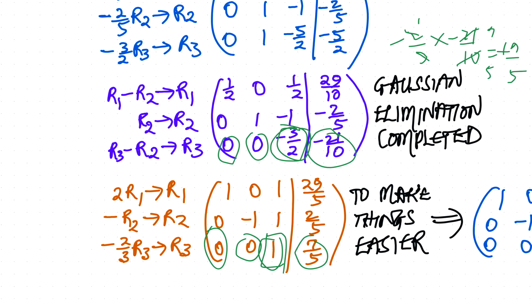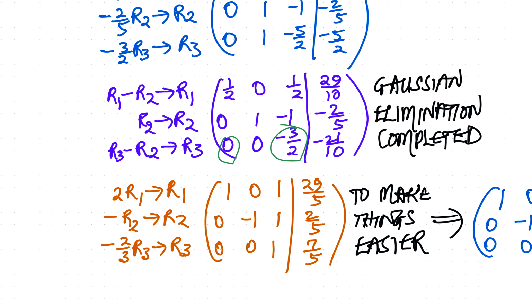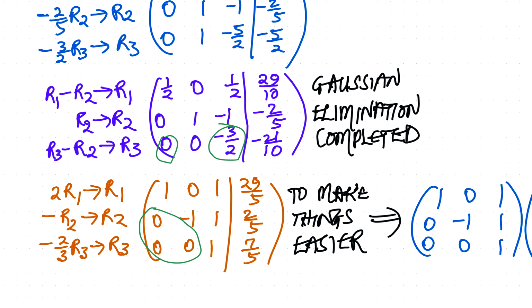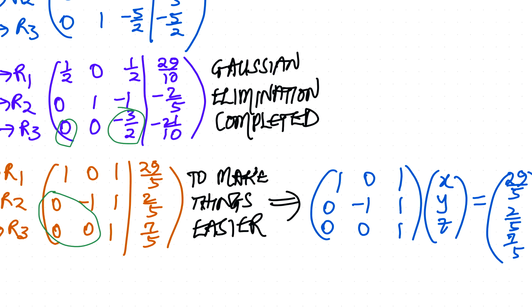So since Gaussian elimination has been achieved already, because all the elements under the principal diagonal are now 0, that is Gaussian elimination achieved, because that is like row echelon form. So the next thing you now want to do is get your answers, right? X, Y, and Z were resting, so you have to bring them back now.